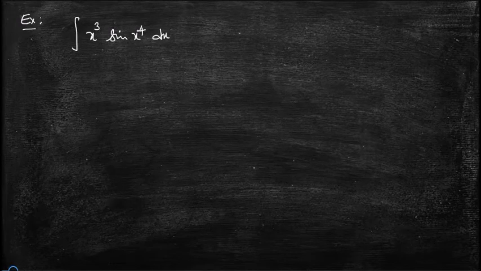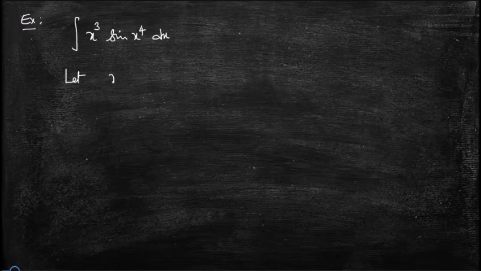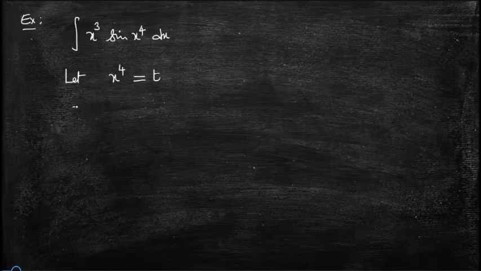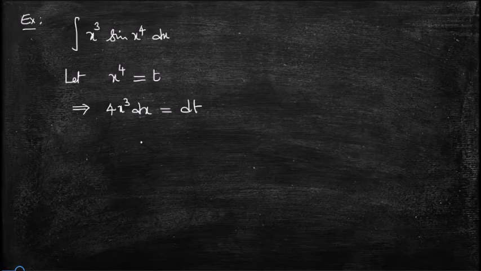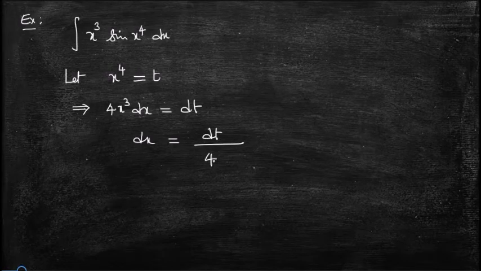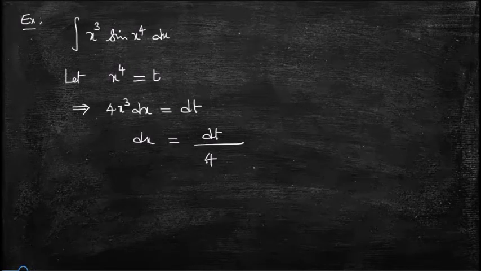It's a compound form, so what I'm doing, I'm taking x to the power of 4 is equal to t, implies differentiation of it 4x cube dx is equal to dt. So you can replace dx as dt by 4x cube.